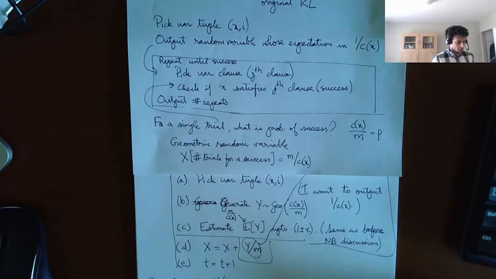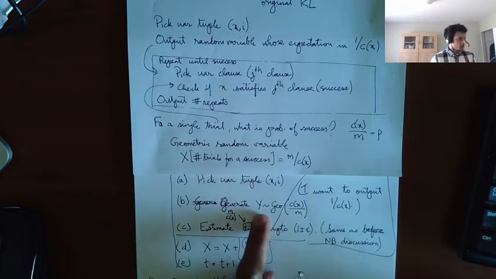Just doing repeated trials of y until you have 1 over epsilon squared successes. Okay, so it's actually technically not repeated trials of y, but trials of the coin flip. Yeah, exactly.